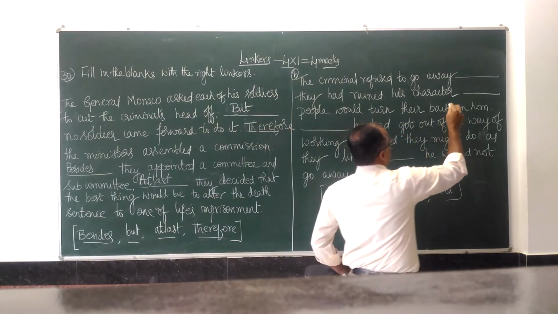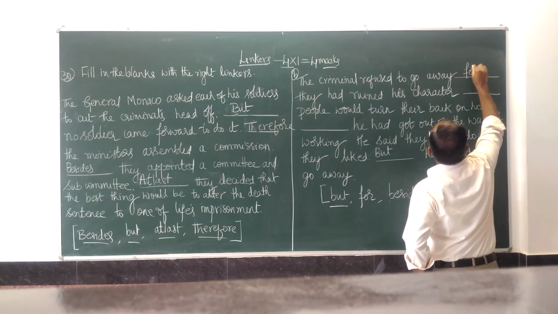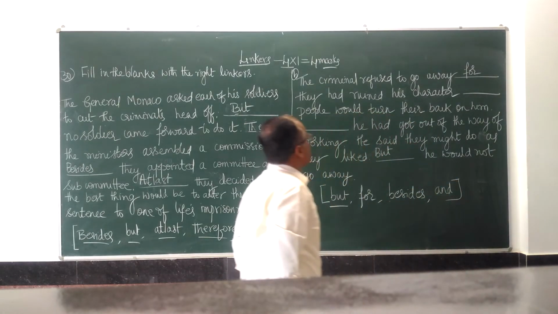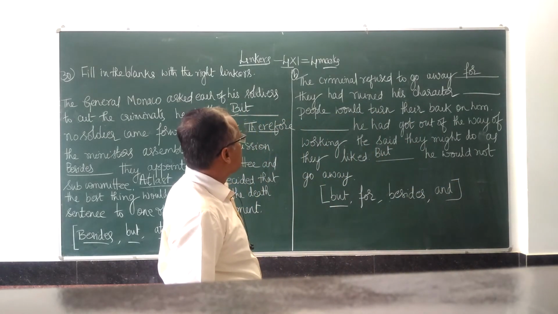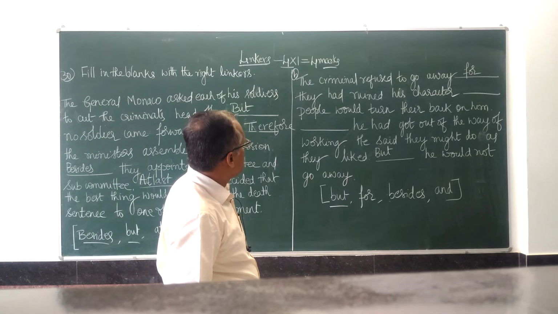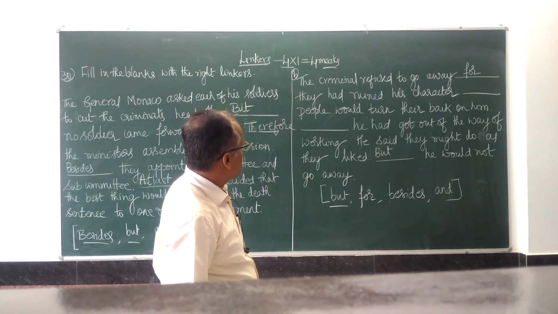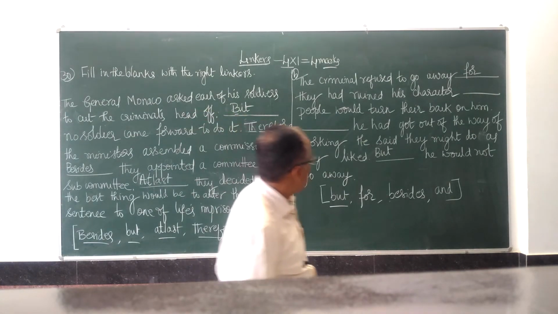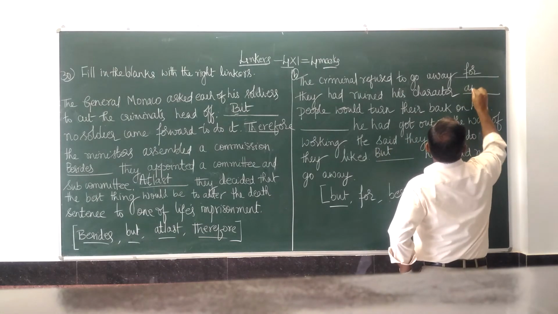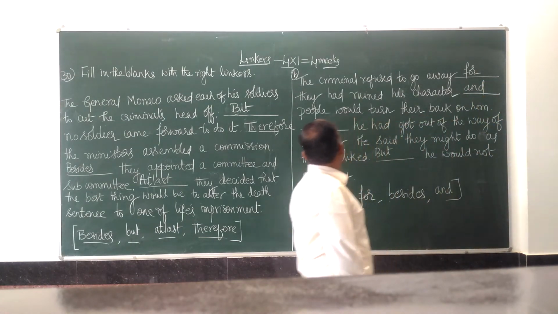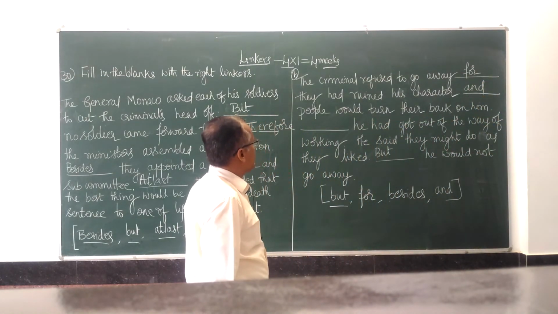See that? Okay. The criminal refused to go away. For, we have to use the word for. For they had ruined his character. Besides, and can be used here: and people would turn their backs on him.